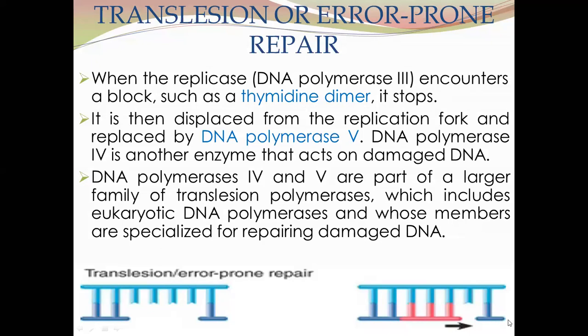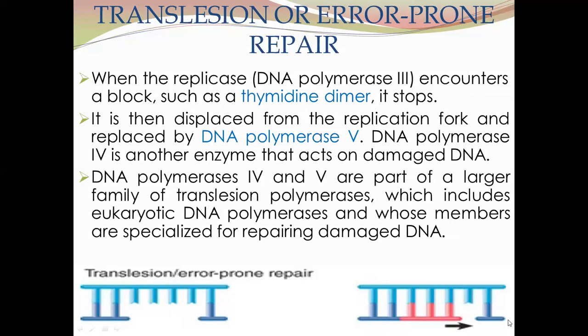So in living organisms, there is a system which can repair the damage to the DNA. This system is commonly known as the DNA repair system. There are certain types of DNA repair system in organisms.